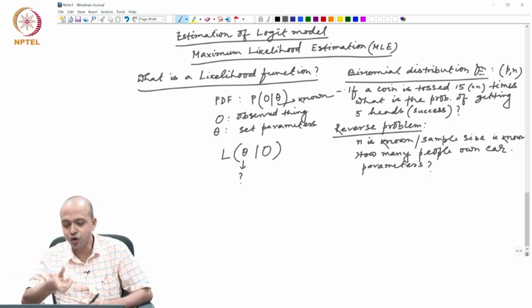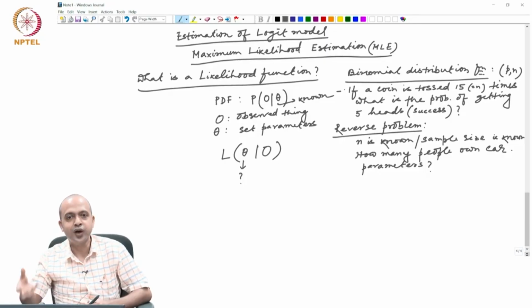So, that is just the reverse of the probability distribution function. In the probability distribution function, given theta, I would like to estimate the probability of an observed thing. And what is the observed thing? The probability of 5 heads that I would like to observe.